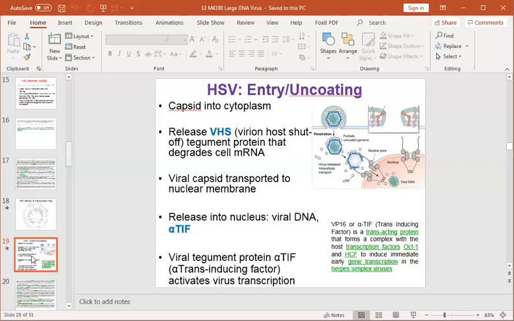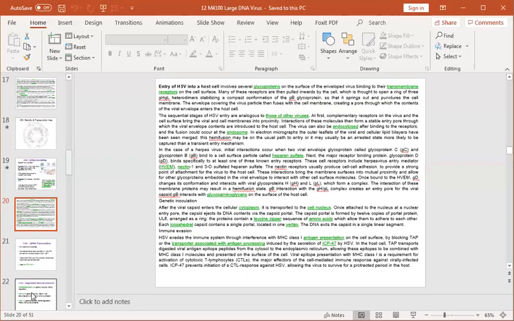These are protein-protein interactions. This complex, composed of alpha TIF, OCT1, and HCF, results in activation of immediate early gene transcription in HSV.